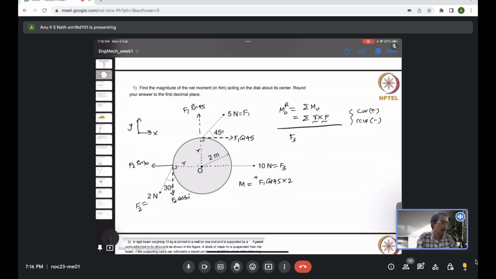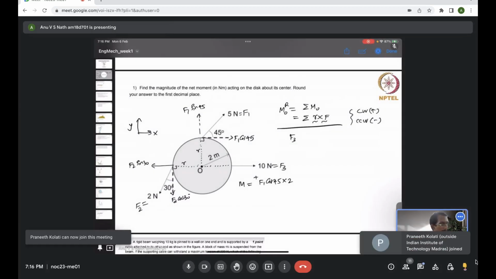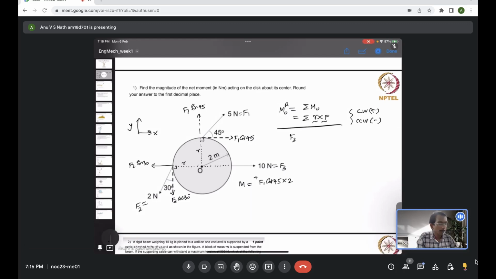Finally we just need to specify whether it is a clockwise moment or an anti-clockwise moment. So F1 cos 45 into 2, the moment arm, and F2 cos 30 is the other component force causing a moment, which is also 2 meter from the origin, but that is causing a counterclockwise moment. So I will take it as negative F2 cos 30 times 2.